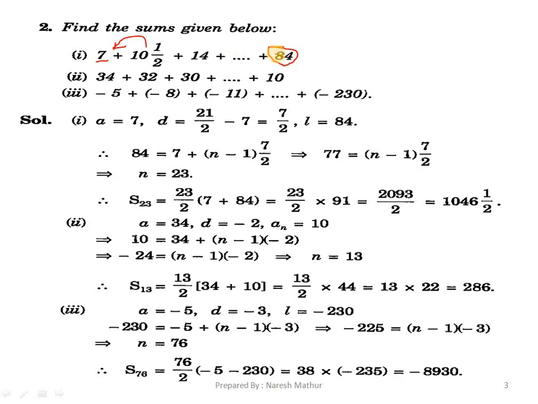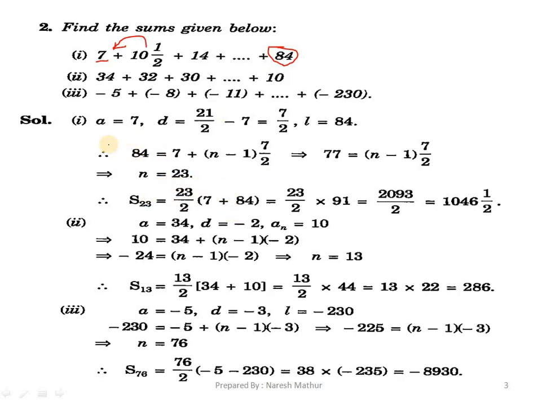Now if we have an, we can use the formula Sn equals n by 2 (a plus an). But for using this formula we should have the value of n also. So first, for applying this formula, we have to find n, then we can use this formula.